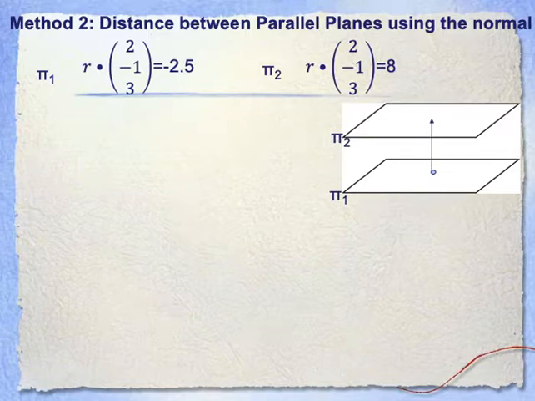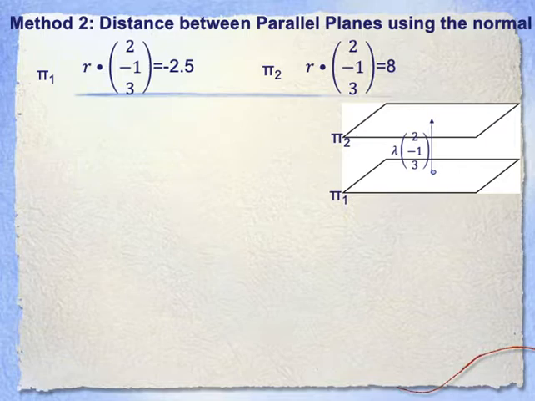We know because the normal is 2, negative 1, 3, the distance between them must be some scalar multiple of that, doesn't it? Because we've gone perpendicular to plane 1, it's also going to be perpendicular to plane 2, so we're looking for some scalar multiple.